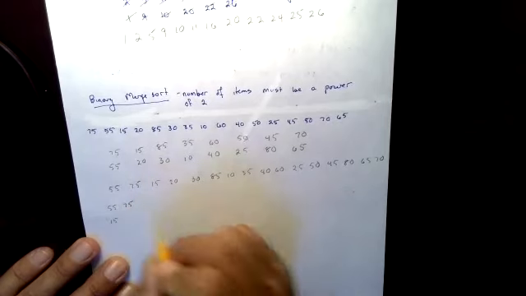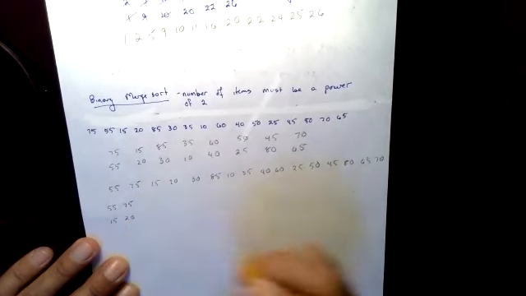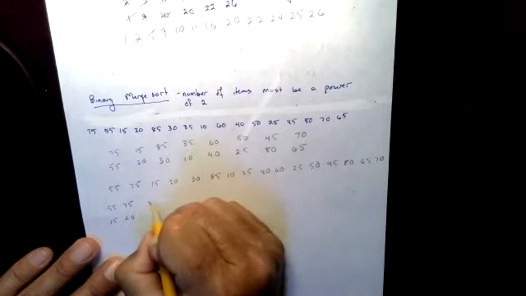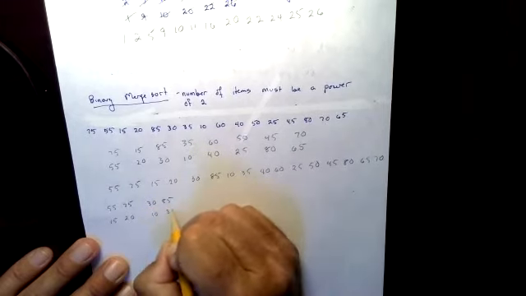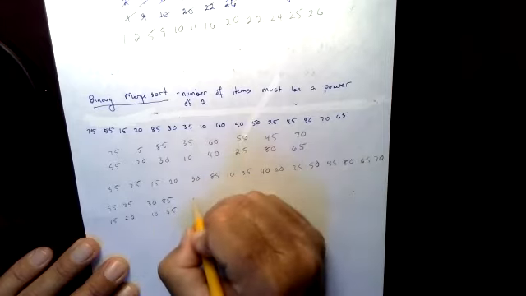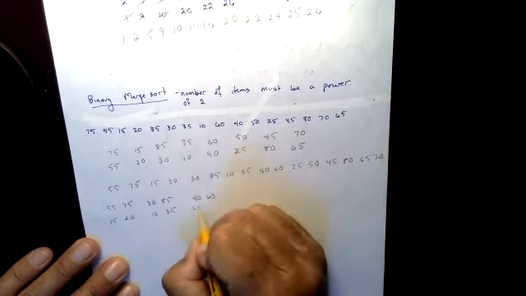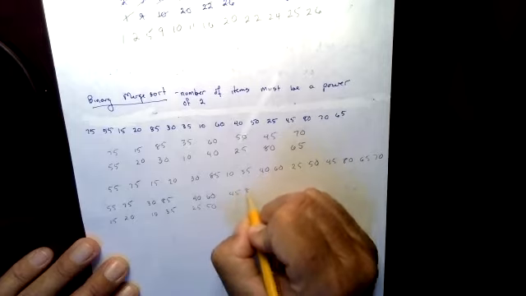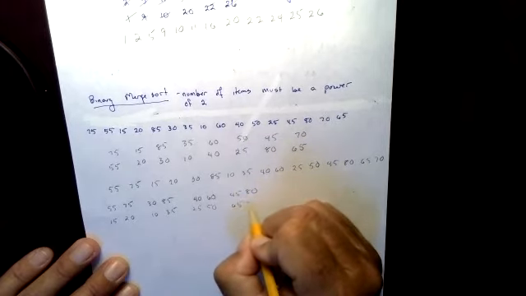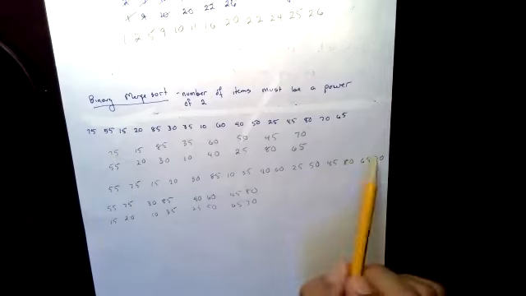Now I'm going to go to my second array: 15 and 20, 30 and 85, 10, 35, 40 and 60, 25 and 50, 45 and 80, 65 and 70.